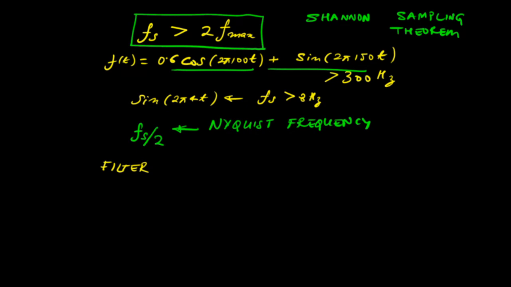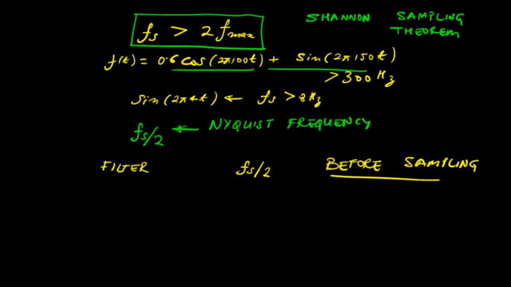So another way to avoid aliasing is to filter out frequencies that are greater than fs by 2 in the signal before sampling. And this is very important, because once you have sampled and you've already made an error, there's already aliasing.